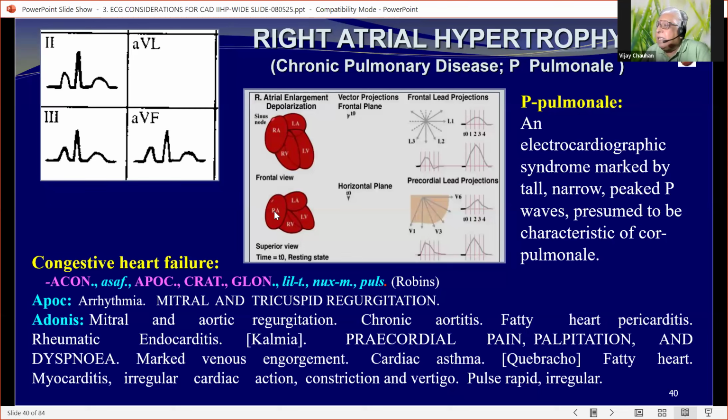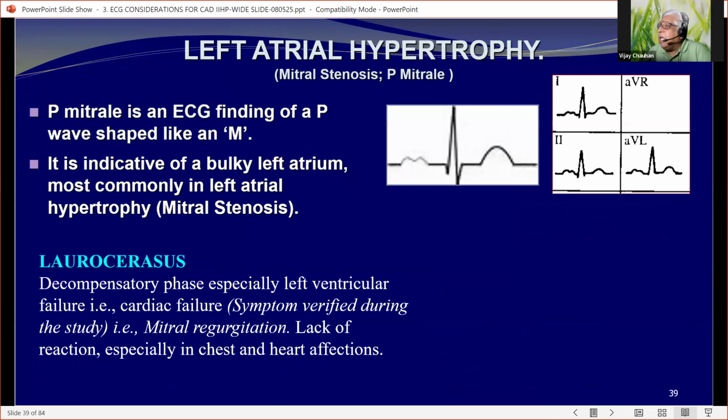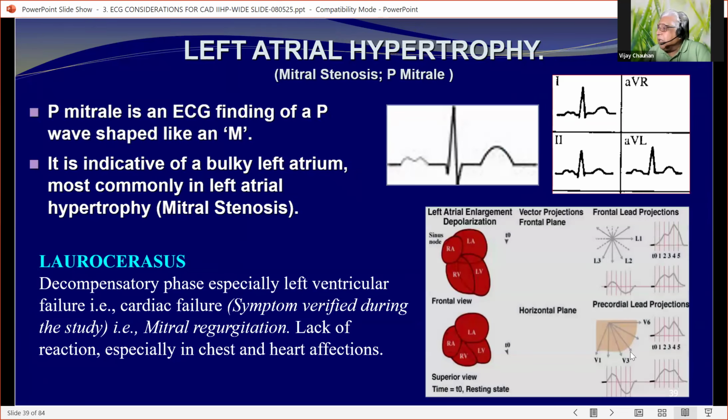Now, we can see here how it occurs. The right atrium is predominantly enlarged, and the left atrium is not that big. So whether you are looking in V1, V2, V3, you will find this configuration. A biphasic P wave will not be visible.